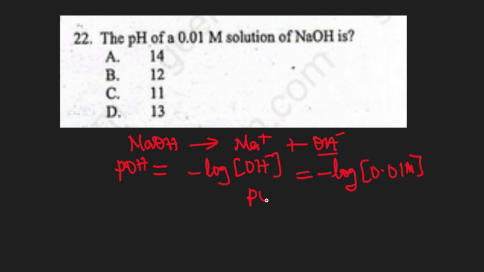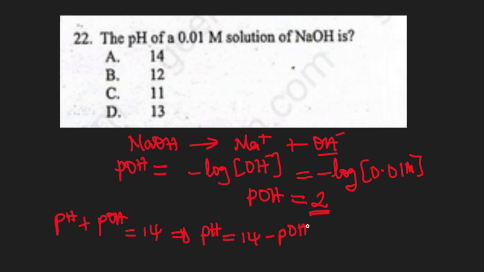So pOH will be equal to 2. But in neutral medium, we know that pH plus pOH equals 14, which implies that pH of the solution will be equal to 14 minus 2, equaling 12. So our pH for this is going to be 12, making B to be our correct answer.